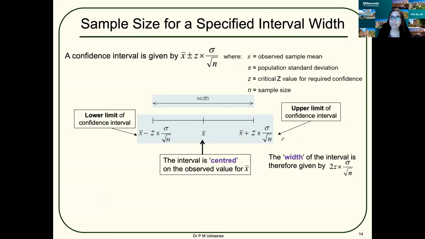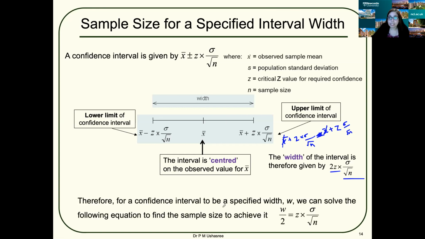So x bar plus z times sigma over root n, minus x bar minus z times sigma over root n, to find the width. Now you cancel it, so you get 2z times sigma by root n. So that is the width of this interval. Okay, so now you calculated the width.